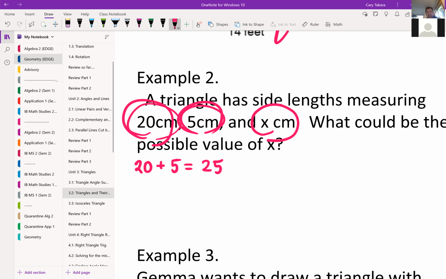In other words, the third side needs to be less than 25. You can't pick 25 though, because 20 plus 5 is 25 and 20, they are equal to each other. So it's not going to work out. But if you pick any less than 25, that would work.